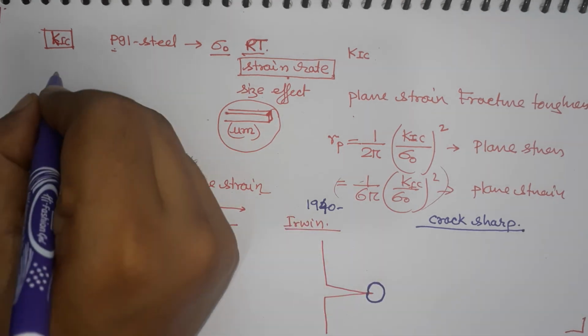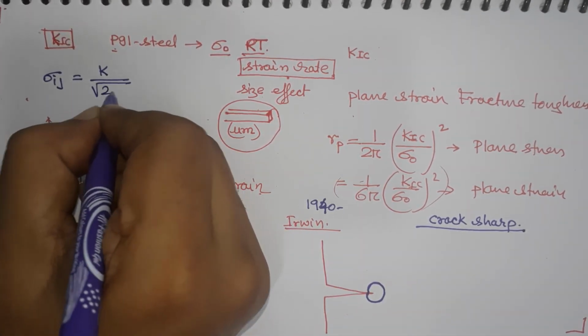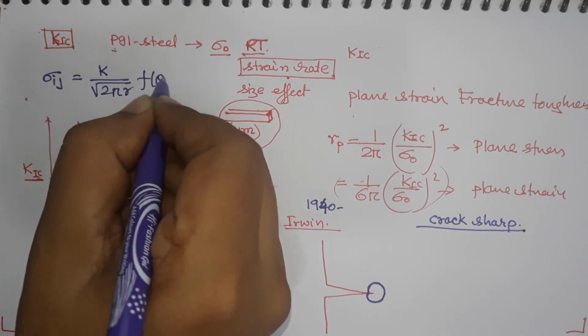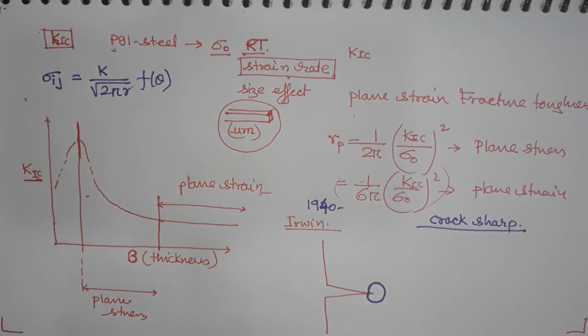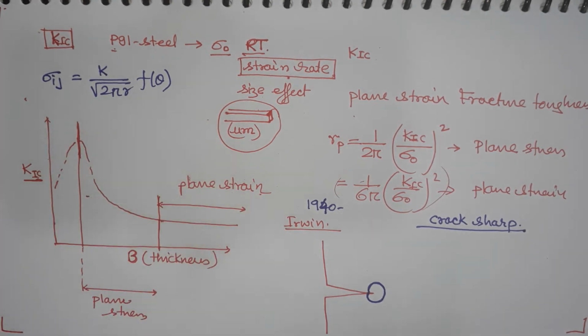So, this formula which describes the stress in this form, apart from Irwin, it was also calculated by Williams and other researchers. So, here the assumption is that the crack tip is very sharp, and we will come to that part also, that how a sharp crack tip is made when we test the specimen.